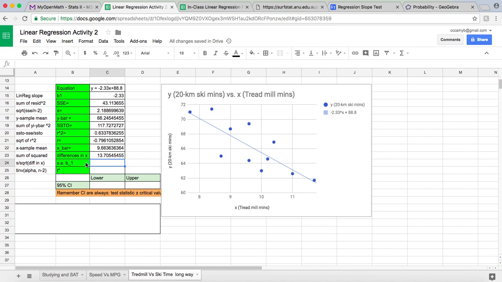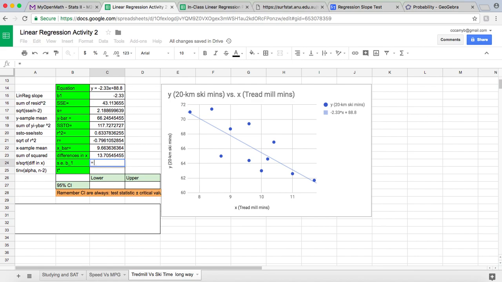Okay, the standard error of B1, as you look on your sheet, the formula is there, right? It is S, the deviation in Y, divided by the square root of the differences in X. So I did not square root this. Be careful, I did not square root this, so I'm going to need to square root it down here when I take the standard error.